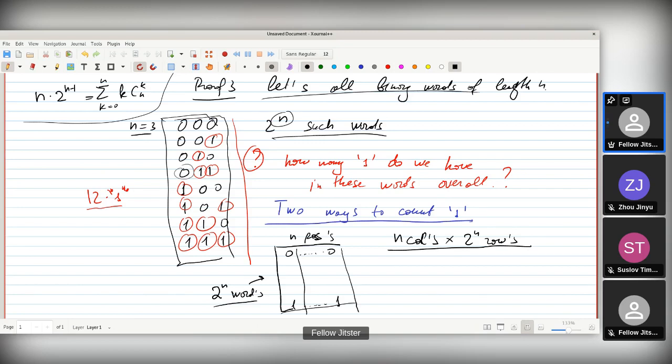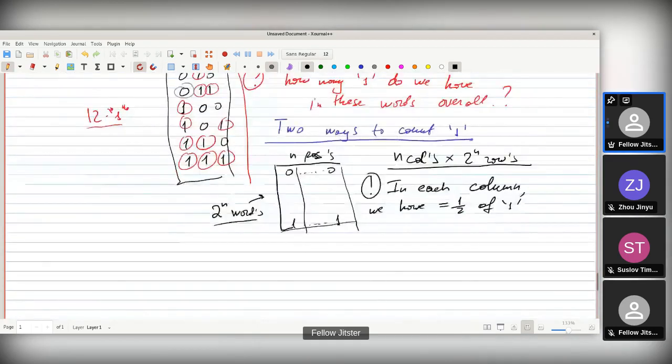You will obtain a word from our table. So, in each column, we have exactly 1/2 of ones. Do you agree?